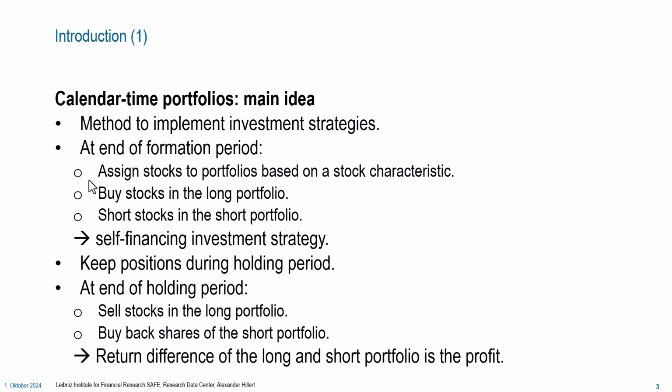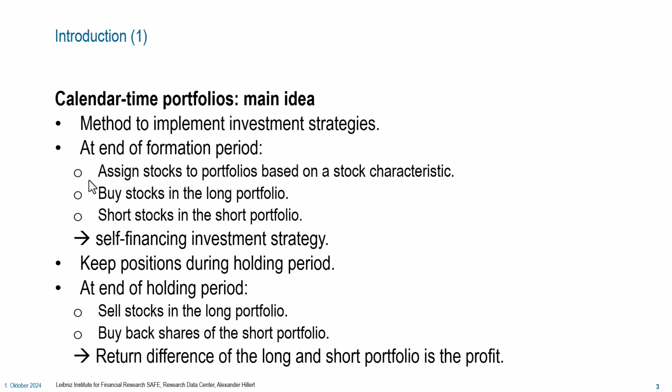That means you have a self-financing investment strategy, because by selling short stocks, you get proceeds that you can invest in the long portfolio. So for example, if you sell short stocks worth $1 million, you can take this $1 million in cash to invest it in the long portfolio and to buy the stocks that have favorable returns according to your trading signal.